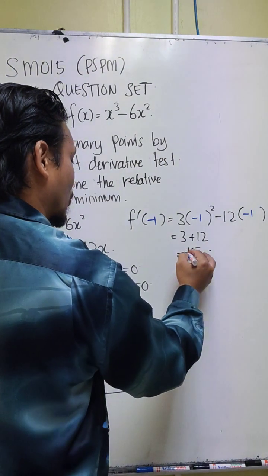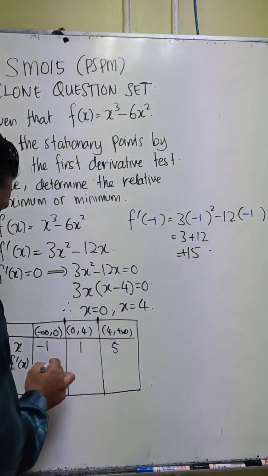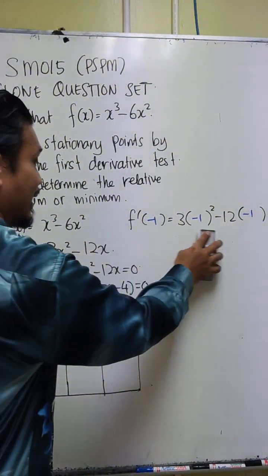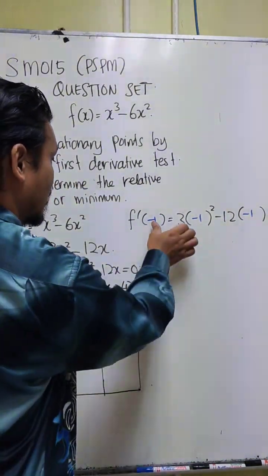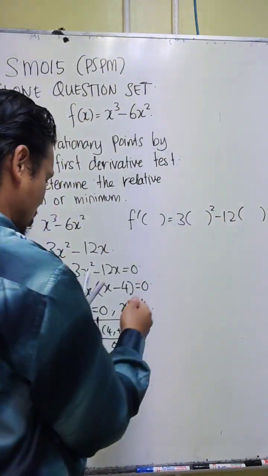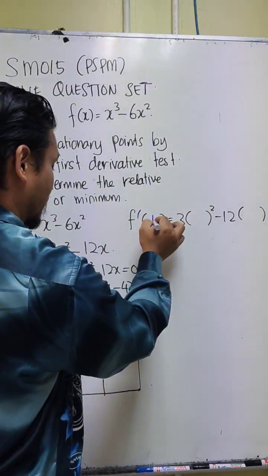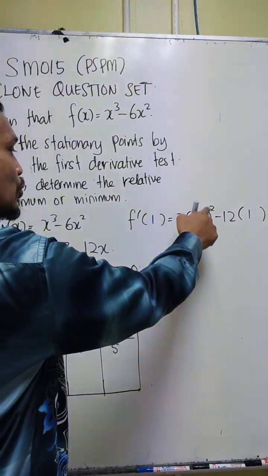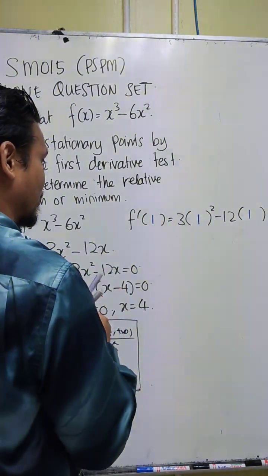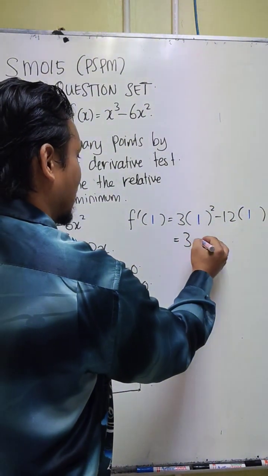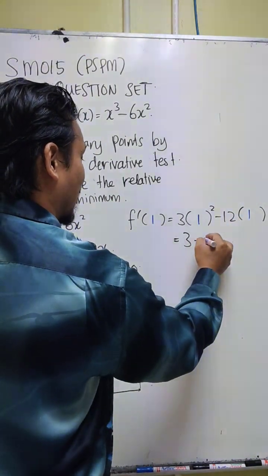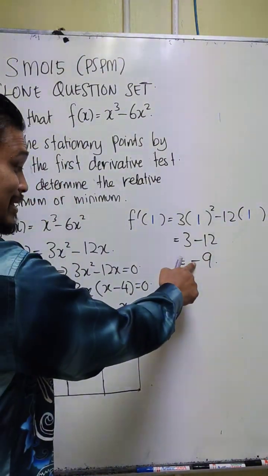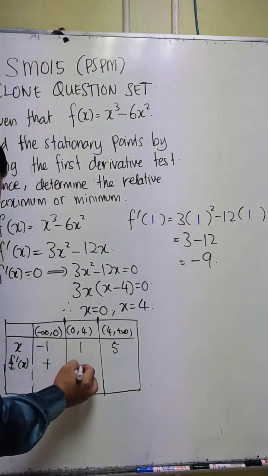Then we get 15, which is positive, so the sign here is positive. Next, x equals 1. 1 squared is 1, times 3 equals 3, and negative 12 times 1 is minus 12, so we get negative 9. The sign is negative.